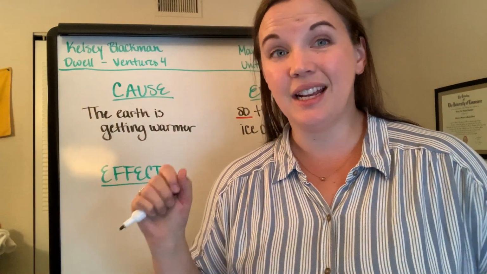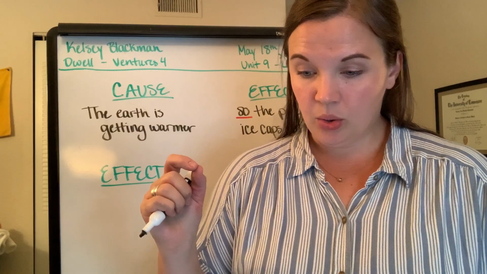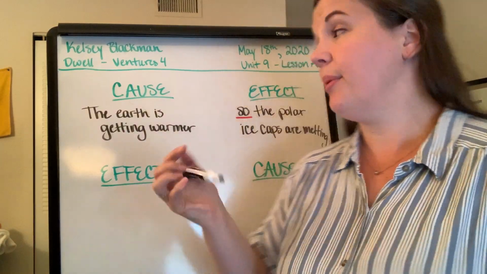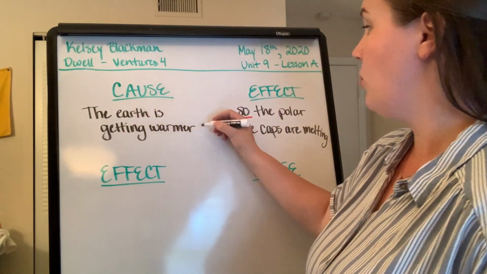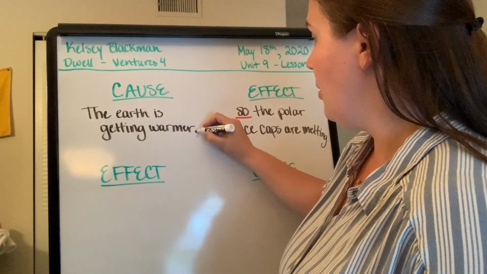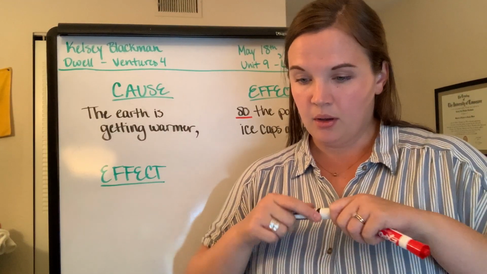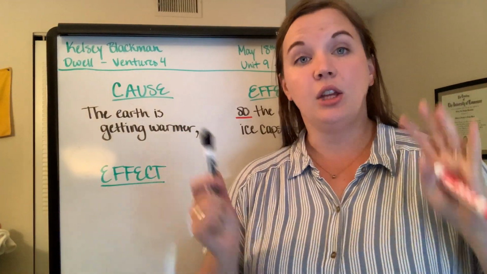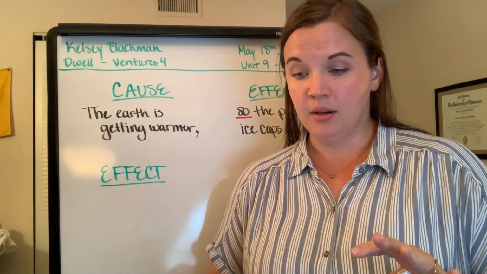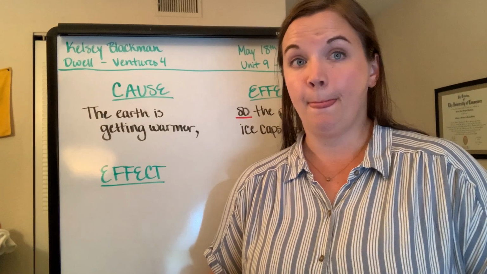So, the Earth is getting warmer, so the polar ice caps are melting. When the connector is so, you have to use a comma before it. The Earth is getting warmer, comma, so the polar ice caps are melting. One other thing, you can replace the connector so with therefore.